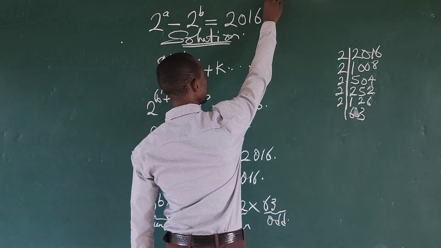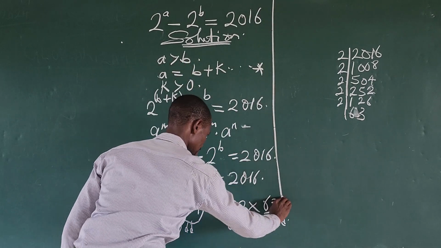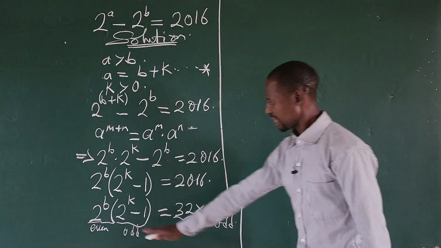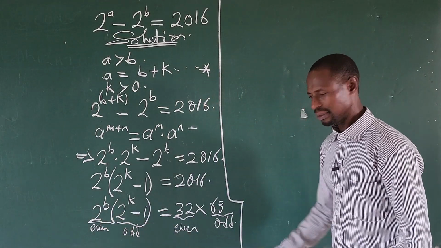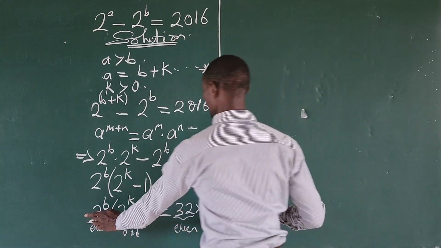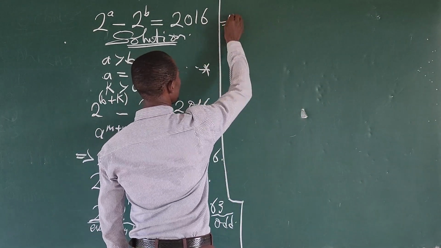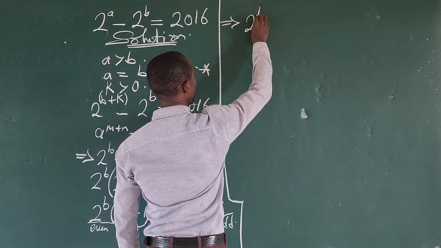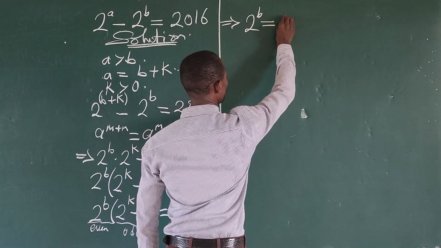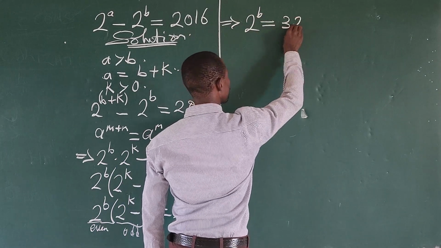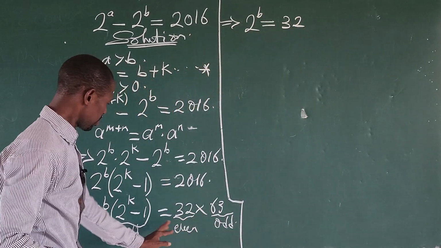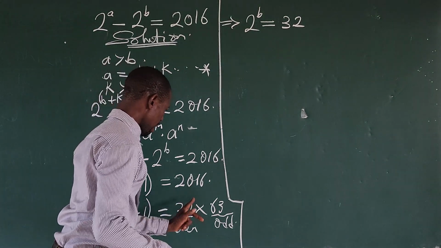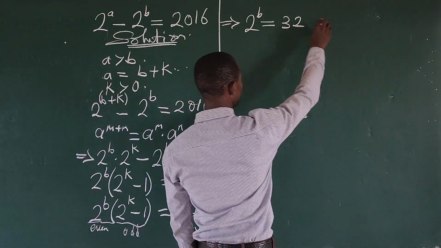So let's roll this out. From here, let's equate the even to even, so we are taking 2 here. This now implies 2 to the power of b is equal to 32, right? And 32 can be written as what? As 2 to the power of 5.